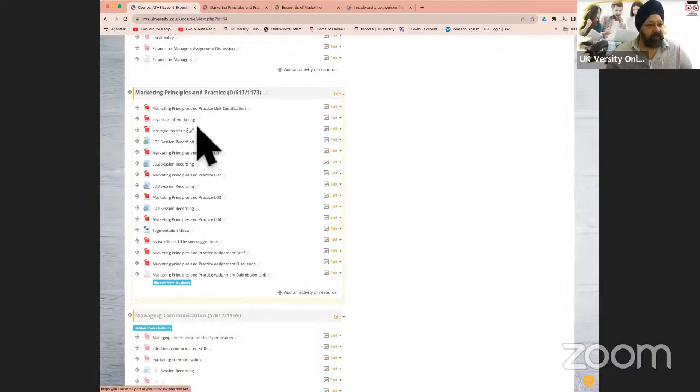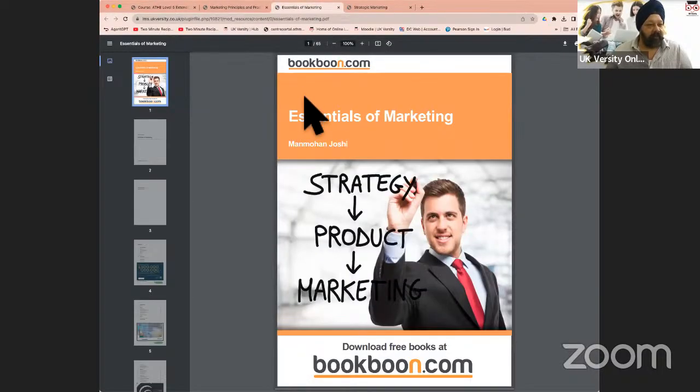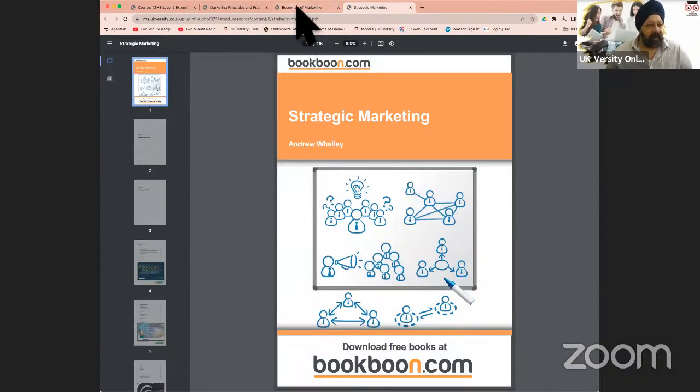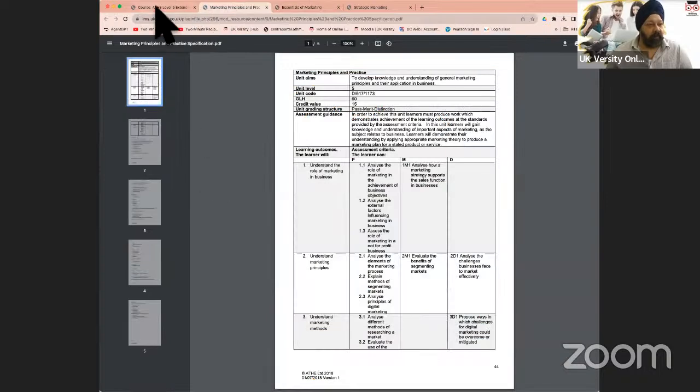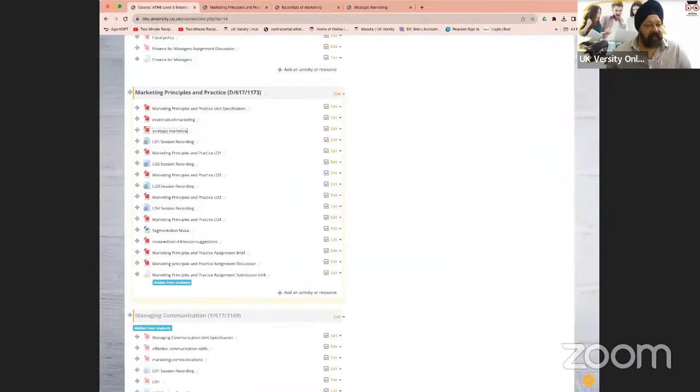Obviously, there are books integrated into it. We've got 2 essential books. One is Essentials of Marketing, and the other one is Strategic Marketing. I will also be uploading one of the books which I have read personally during my MBA, Philip Kotler's Principles of Marketing.